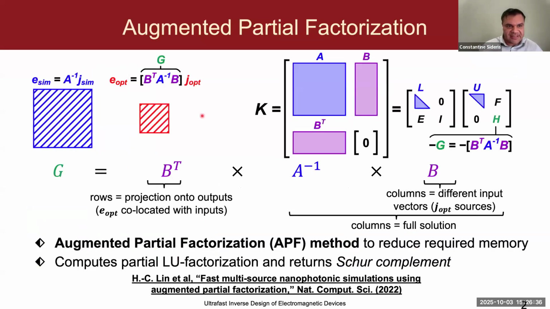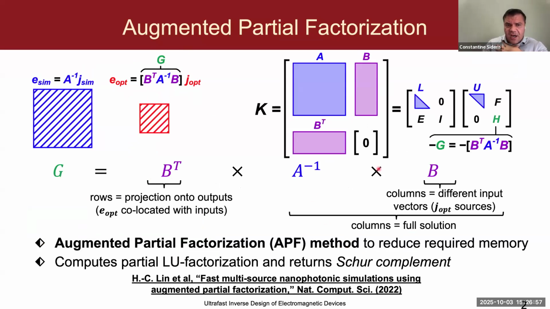And so if you put these together, you get B transpose A inverse B, which maps J opt, which is the J inside the optimization domain, to E opt, which is the E fields co-located in that domain. And by definition, the way we defined the G matrix, this is exactly our numerical Green function matrix G. So this is what we need to compute.